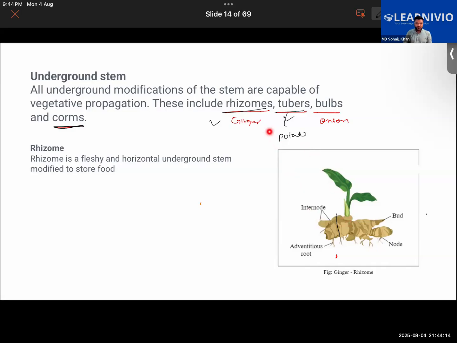Ginger is an example of rhizome, which is a horizontal underground stem. It grows horizontally like this, and it is modified to store food. It has nodes in them, and they have buds. Out of the bud, a new plant will grow.